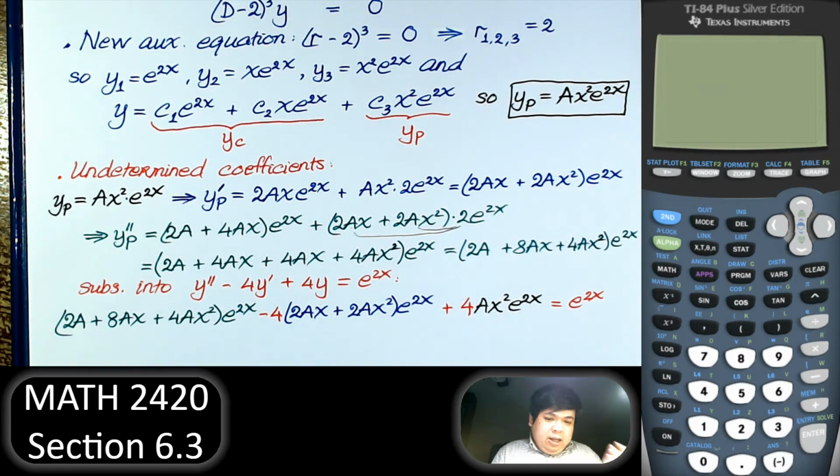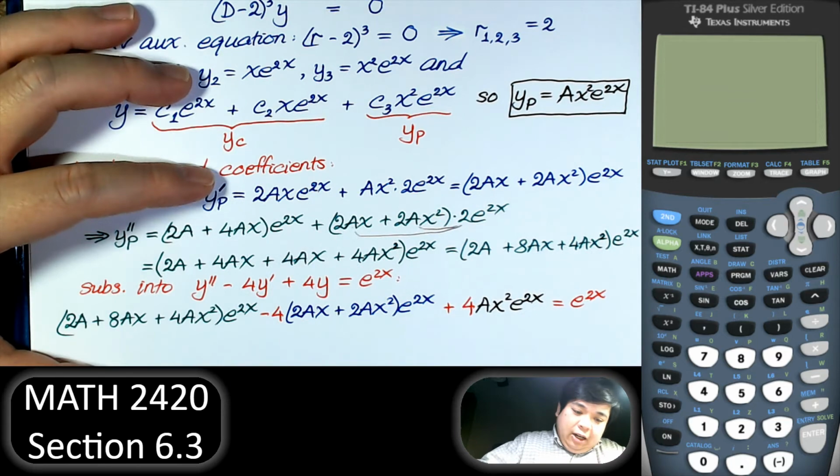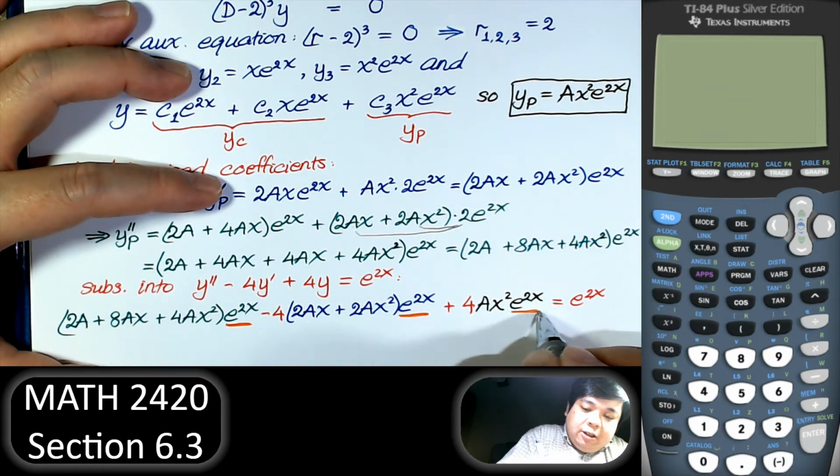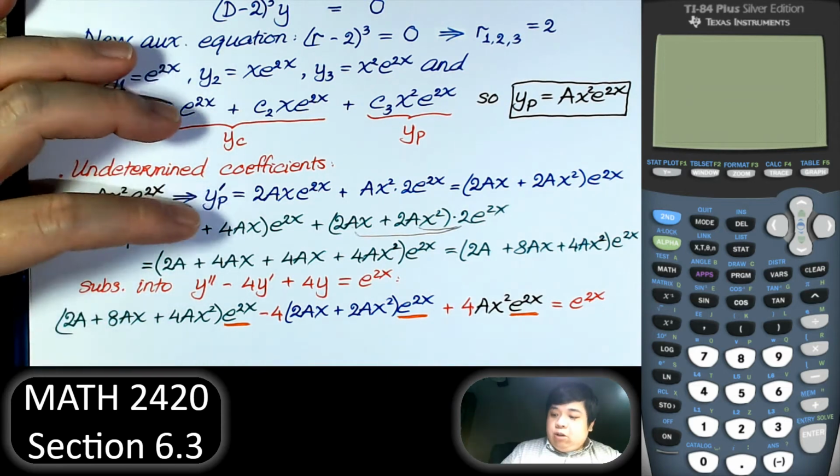Now we just combine like terms. Let's factor out e to the 2x. So what do we have?